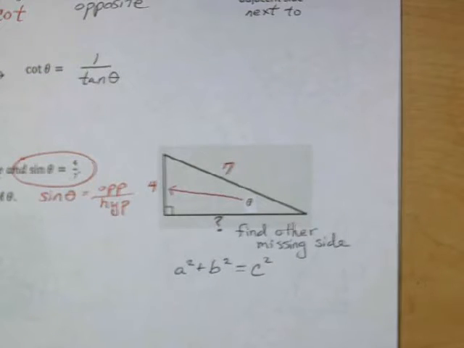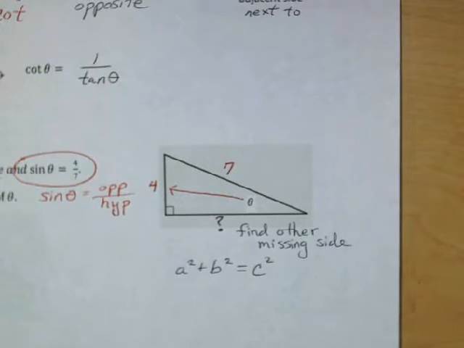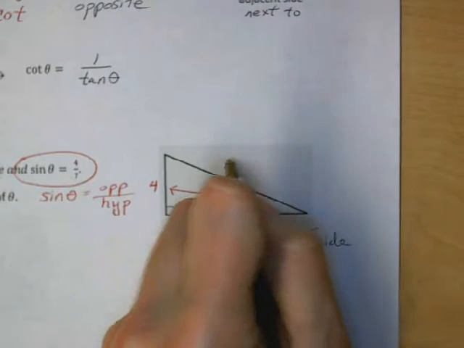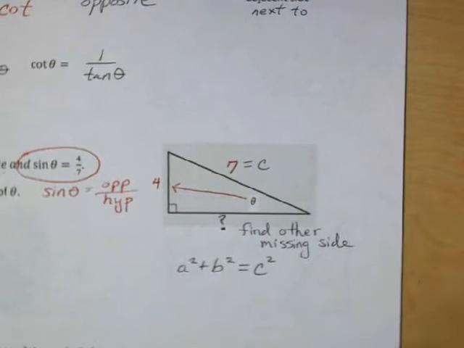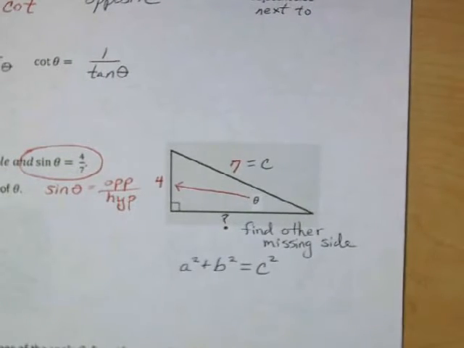So which side is always C? The hypotenuse. Yeah, 7, that's C. It doesn't matter which one's A and which one's B. The legs are the A and the B. Just pick, what do you want 4 to be, A or B? It doesn't matter.